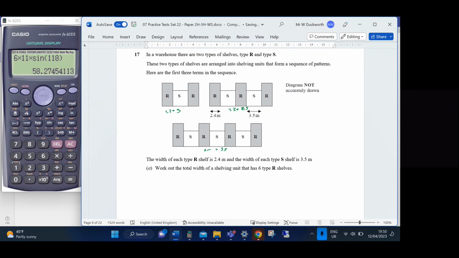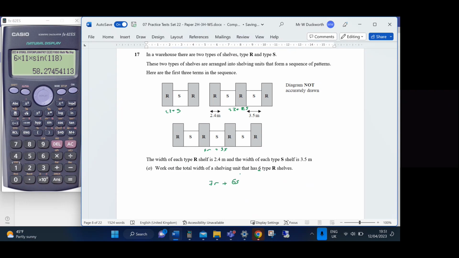So each pattern is going up by R plus S. Okay, so pattern number 6 is going to be 7 lots of R plus 6 lots of S. Let me just double check my head around this. 1, 2, 3. Yeah.